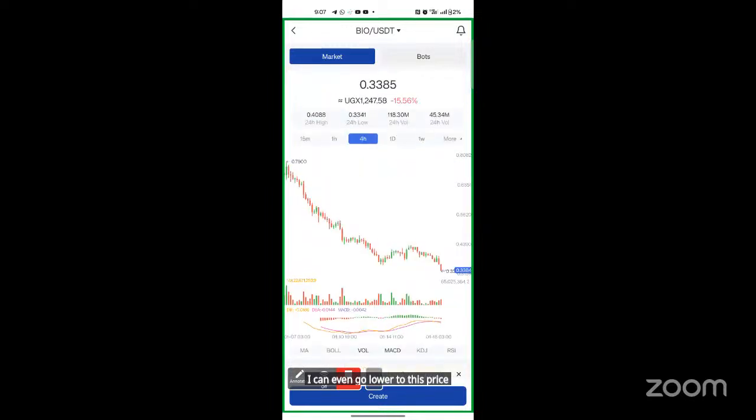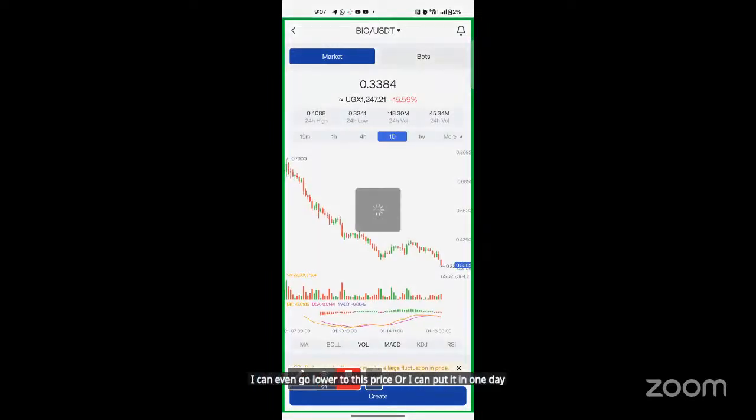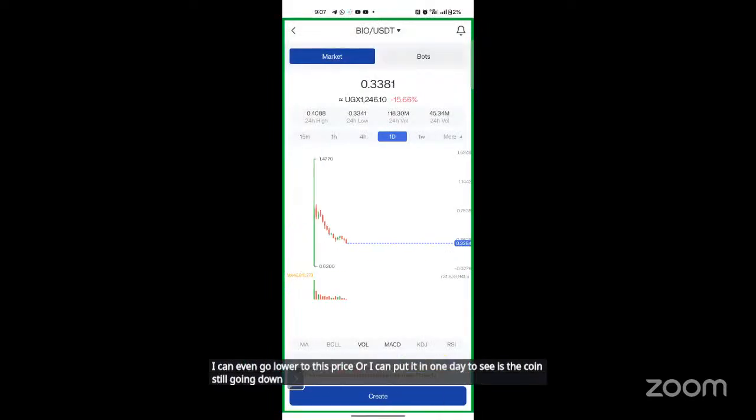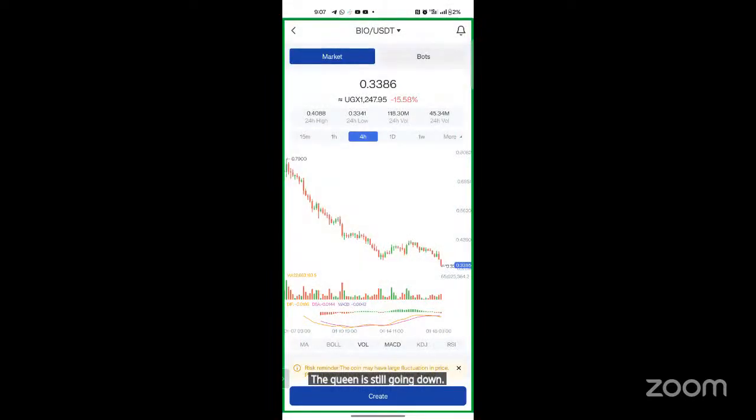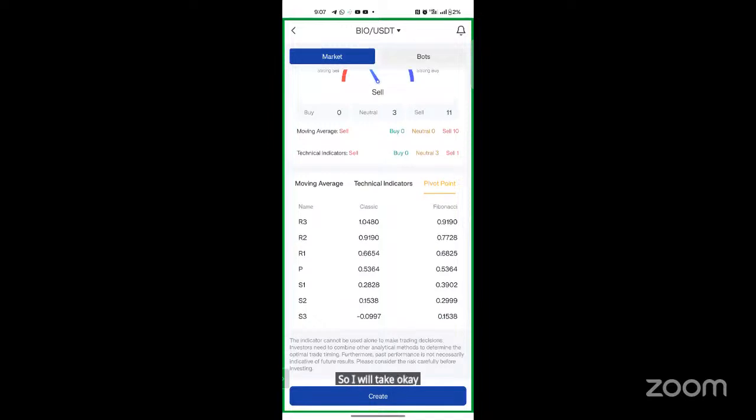Or I can put it in 1 day to see, is the coin still going down? The coin is still going down. So I will take this one, because I want to stay in the coin for a long time.